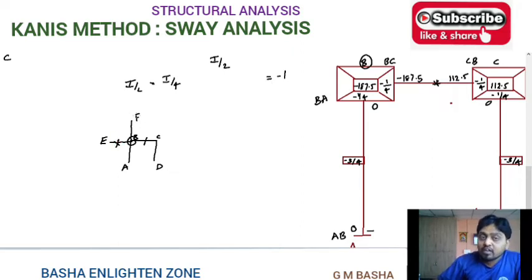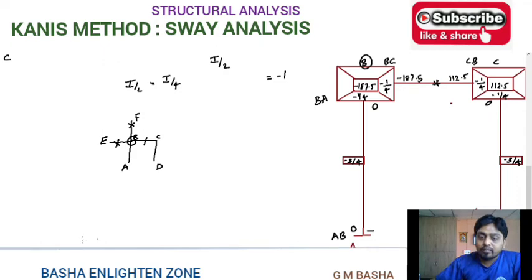But if there is one more first story column, at that time you will get displacement factors for this column also. At that time you have to consider both BF and BA displacement factors. So the summation indicates the entire joint B displacement factors. It will be two columns and two beams, and automatically the beams' displacement factors will be 0 here. If there is one more story, automatically you will get a displacement factor for that story.